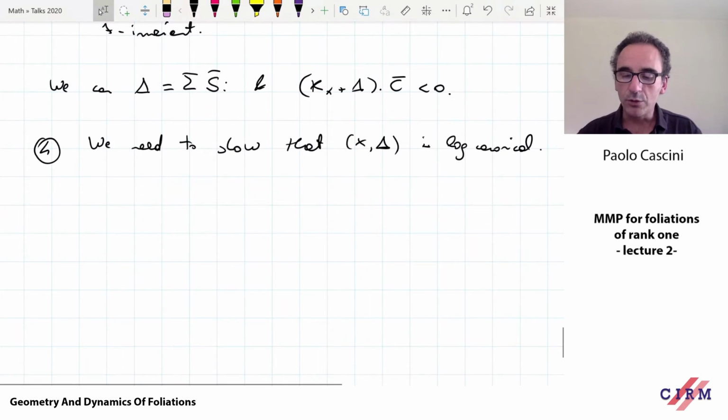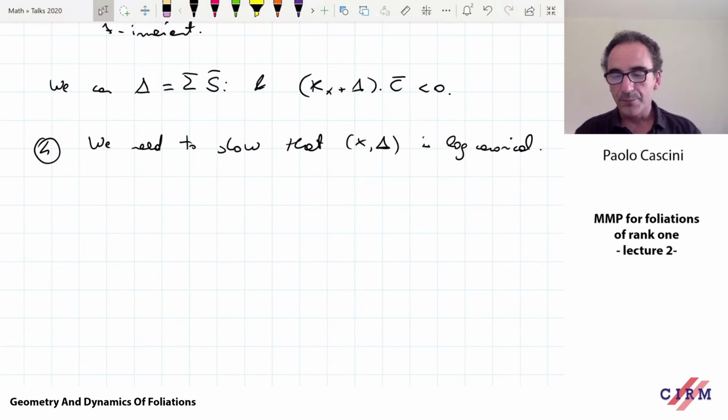But I would like to show an example, just to conclude, and just to show how to compute the singularity of X, delta. This is similar to what Callum was talking about yesterday, but slightly more complicated.